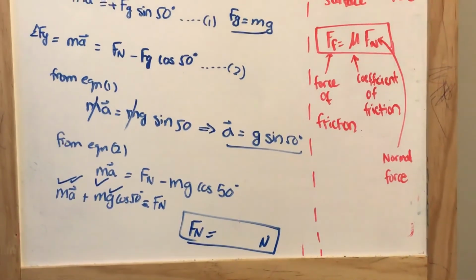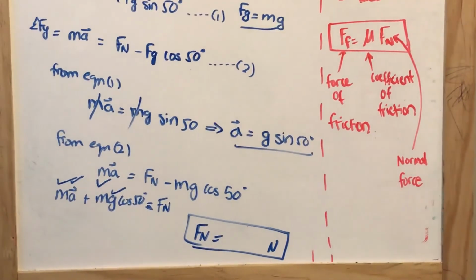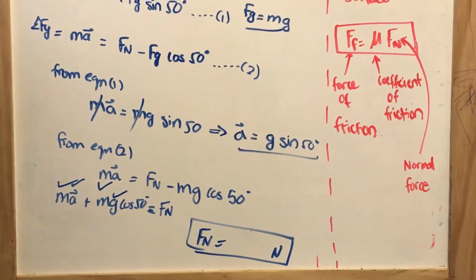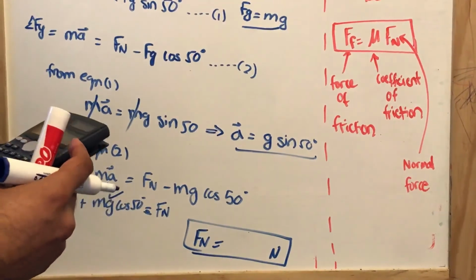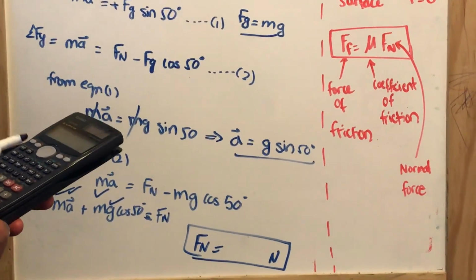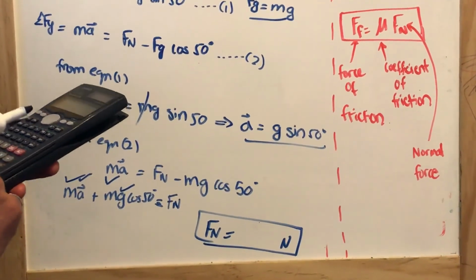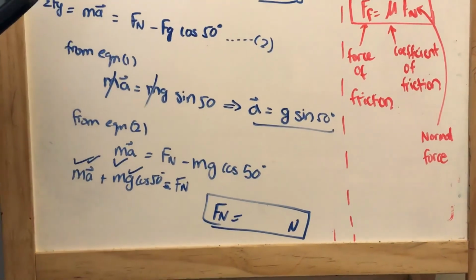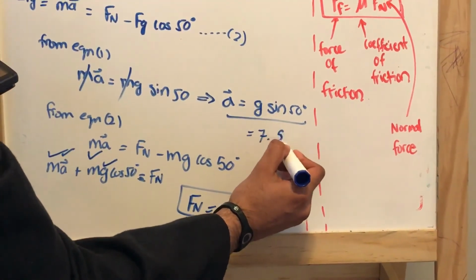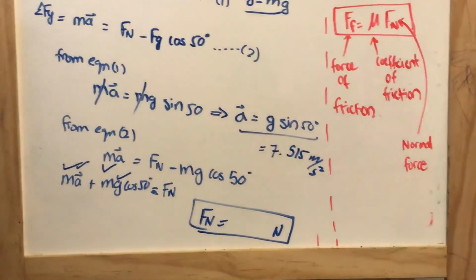So if I quickly calculate this for you guys, I'm just going to plug the numbers into the calculator. The acceleration is approximately 7.515 meters per second squared.